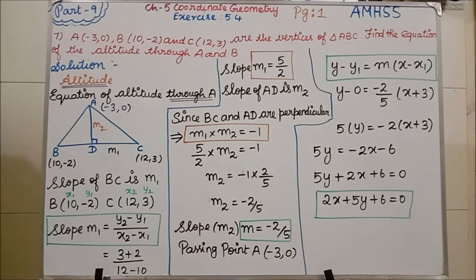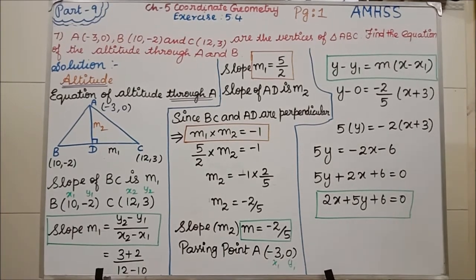One slope, one point means what is the formula? y minus y1 is equal to m into x minus x1. That is our formula. Clear, students? Do you know which is x1, y1? Minus 3 is our x1, 0 is our y1. So we are substituting here.